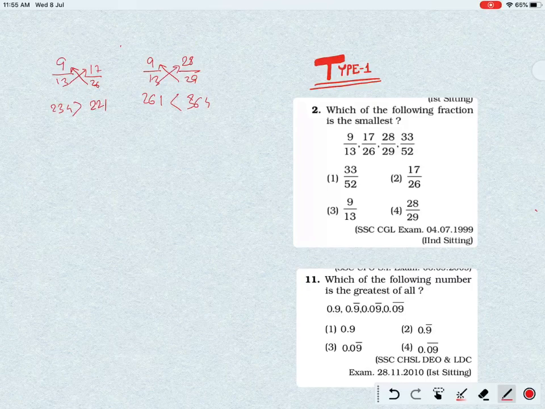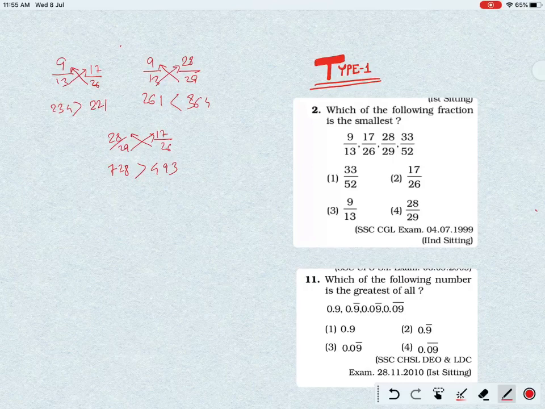Then we compare 28 by 29 with 17 by 26. Multiply 28 into 26 will be 728, 29 into 17 will be 493. Then again 28 by 29 is bigger.